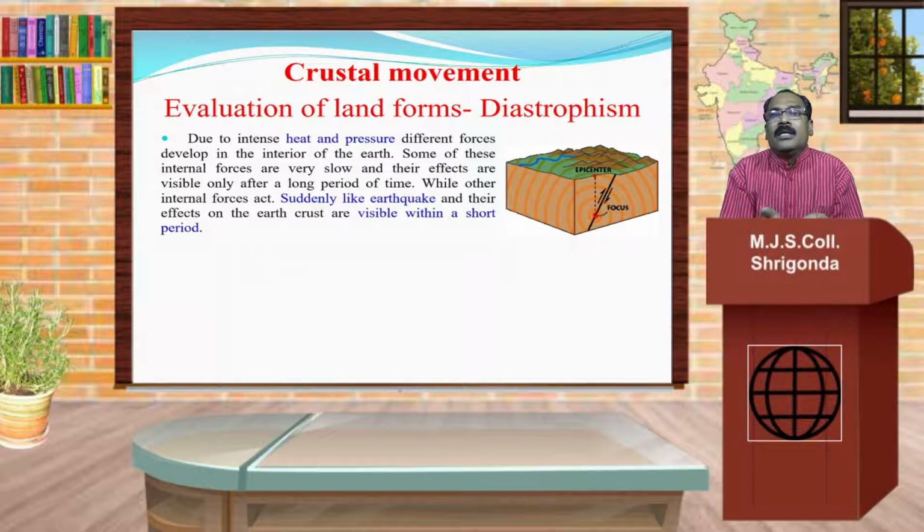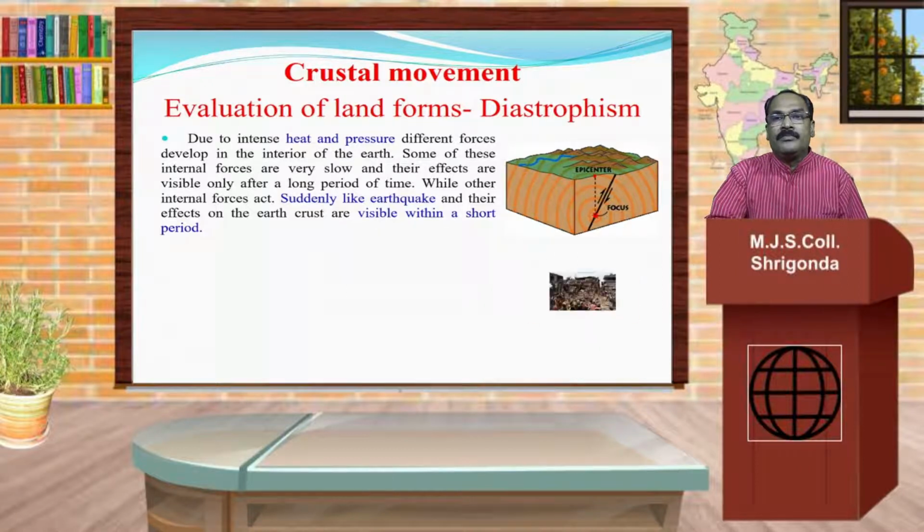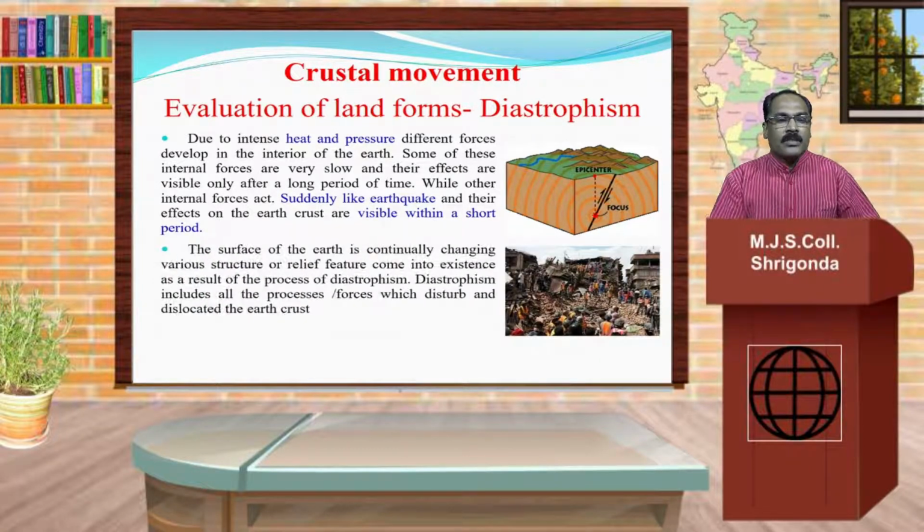Short-period movements create volcanic activities as well as earthquake activities, and long-period movements of the crust are very slow, the folding and faulting processes. The surface of the earth is continuously changing.